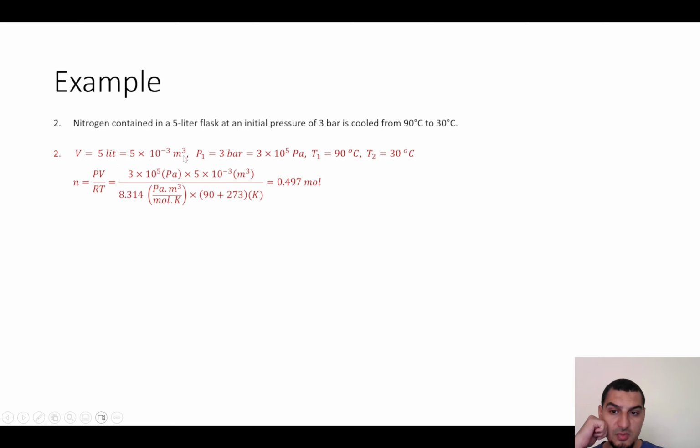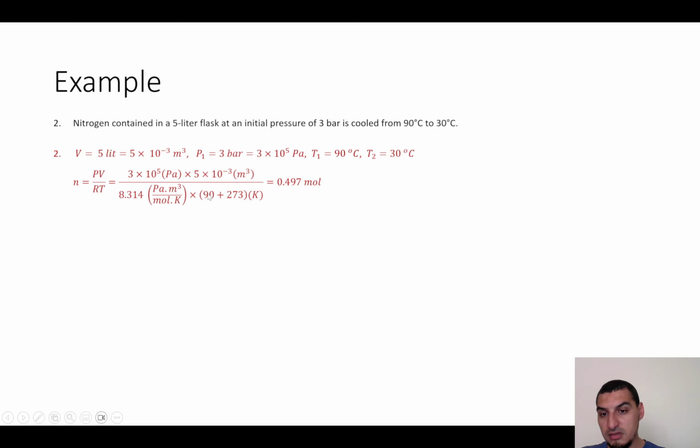I put the liters into cubic meters, the pressure into Pascals, and the temperatures are in Celsius as they are. So I put this in Pascal cubic meters over 8.314 Pascal cubic meters per mole Kelvin. So the numerator has to be in Pascal cubic meters to match the units that we have here. And this is the temperature. Of course, I used the 3 bars because it was initially at 90.